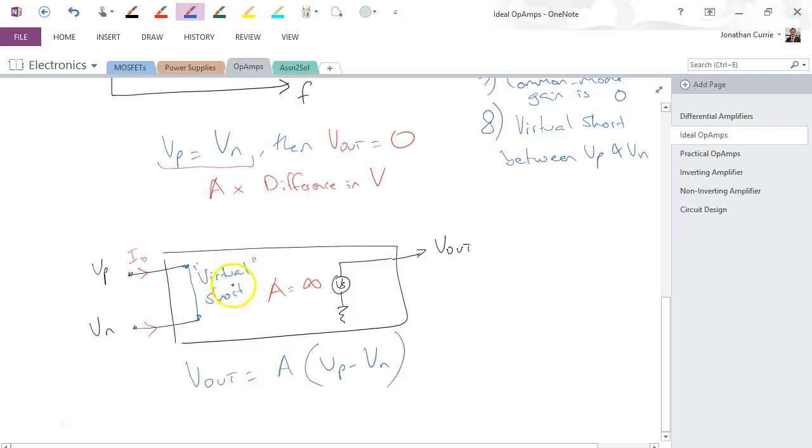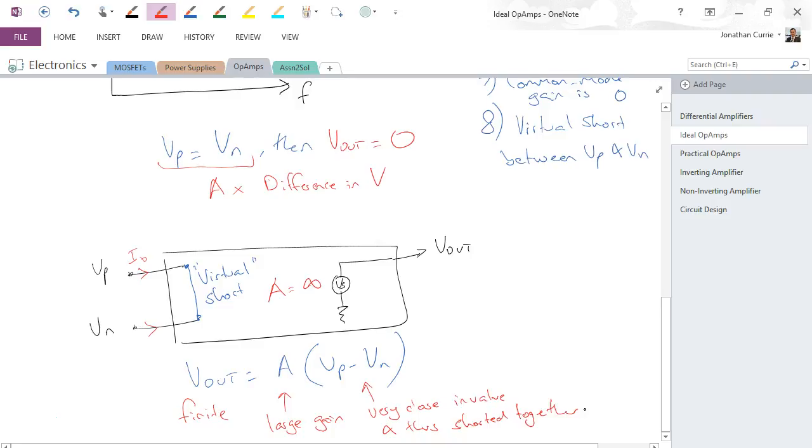If we have a look at this configuration with this formula, if we say that Vout is finite, okay, it's a finite voltage, then for a large gain, these two must be very close to each other, close in value, and thus shorted together.